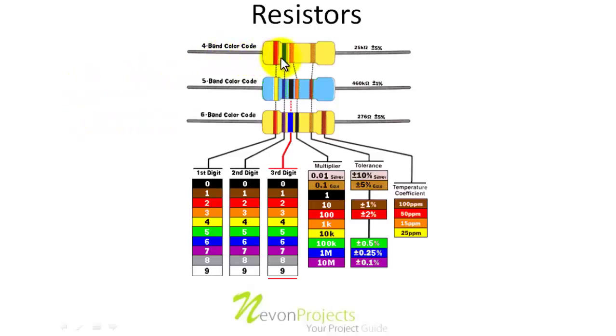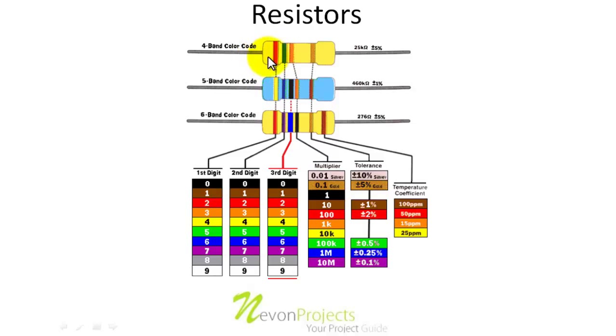For this, the standard method that is used is the color coding method. In this method we have various color bands depicting various values of the significant digits in the numerical value of the resistor, and also the tolerance band.